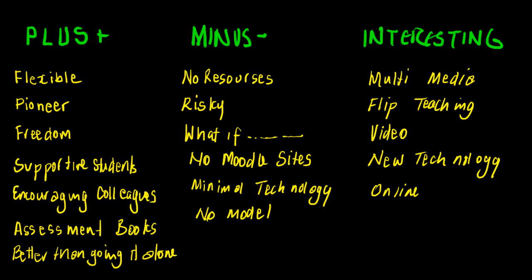Interesting that we're online, what we can do online, and that sometimes this actual use of the technology, finding out new things, might be the most important teaching thing that we do for our students.